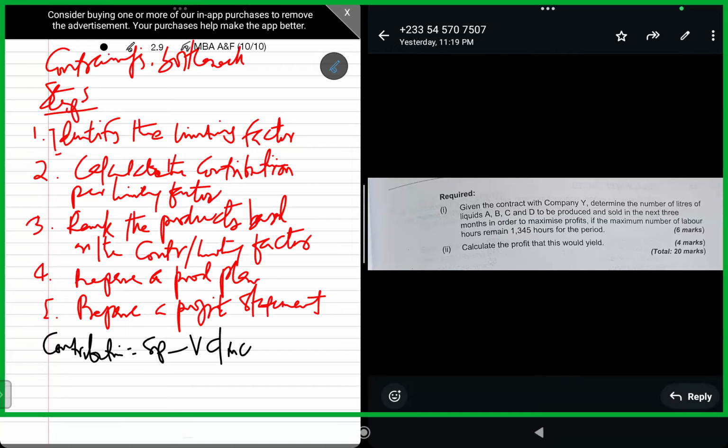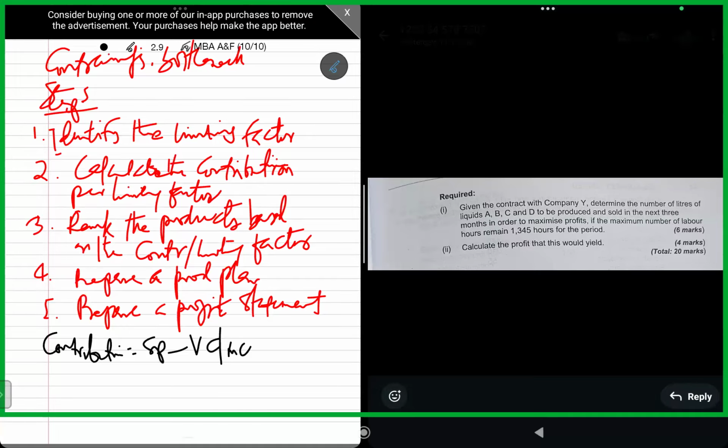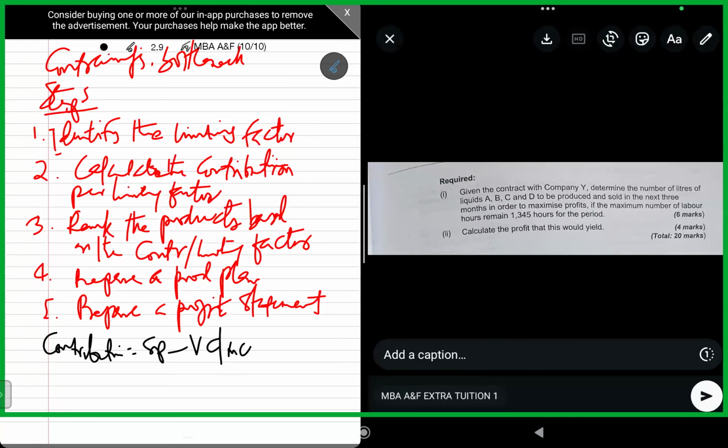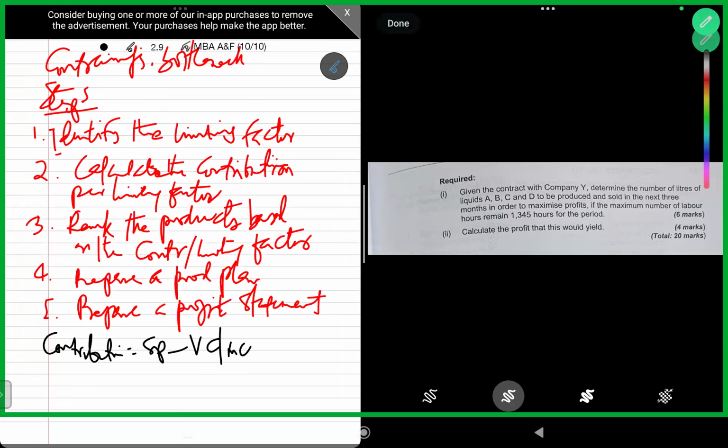Okay, so now we could see we have the limiting factor in here. If the maximum number of labor hours remain 1,345 for the period, so that's the limiting factor. Meaning the limiting factor is labor hours.